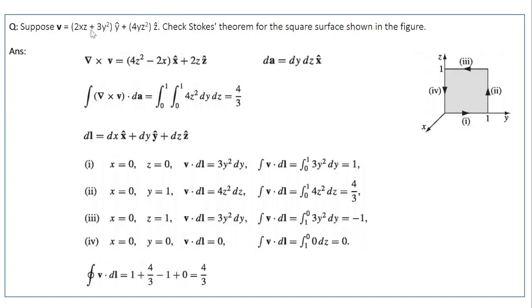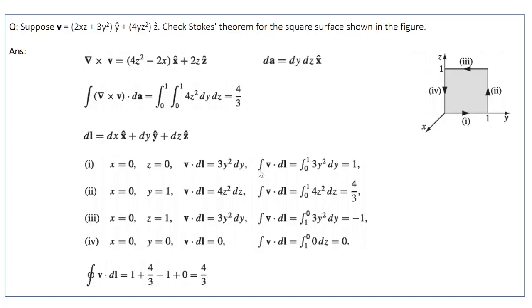So you can put x and z to 0. So in the expression for v, the 2xz term cancels, and the second term 4yz square also cancels. So you have 3y square y cap. Since x and z are 0, dx and dz vanish. So dl is just dy y cap. So v dot dl is 3y square dy.